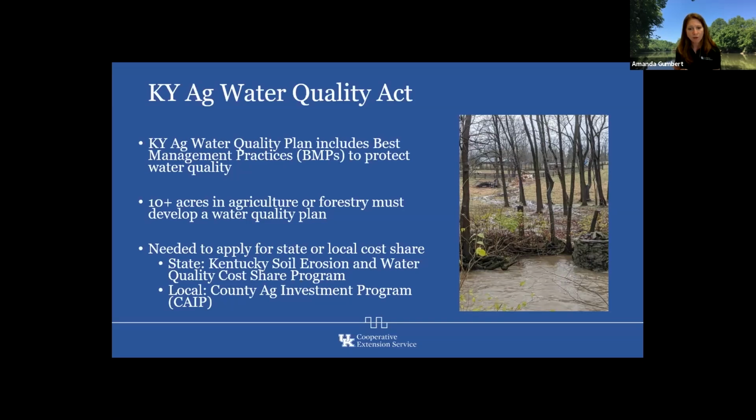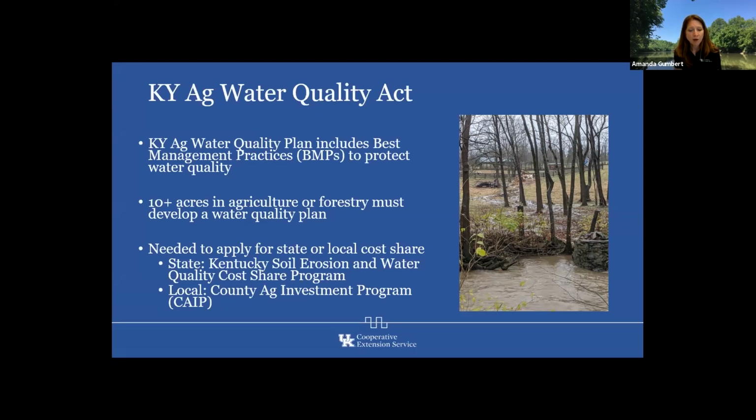So programs that would incentivize our producers and landowners to put in conservation practices by providing a financial assistance piece to that. So those two programs that many of you are probably familiar with is something we call state cost share, which the official name is Kentucky Soil Erosion and Water Quality Cost Share Program. And that is run through your local conservation district office.